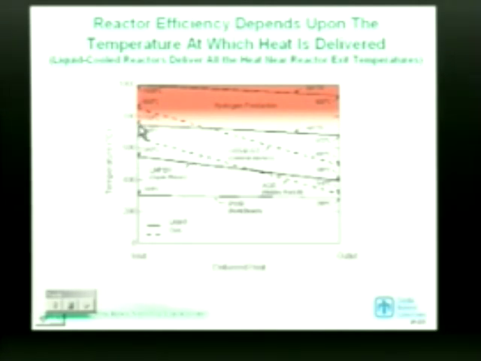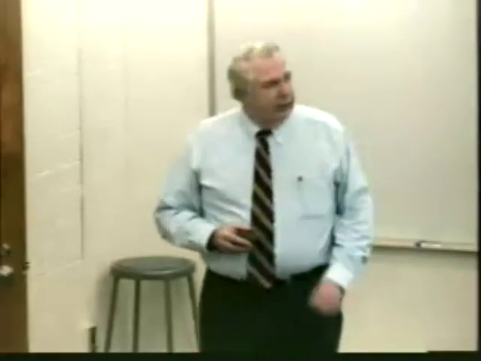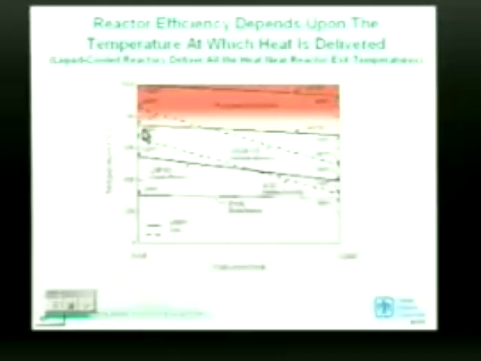Now let's take our advanced high-temperature reactor with a liquid coolant, and that's the important thing. It happens to be a molten salt, but the really important thing is it's a liquid coolant, and it's operating with an exit temperature of 750 degrees C. But the pumping horsepower is low, so we can deliver most of the heat at high temperature. Now, isn't that interesting?